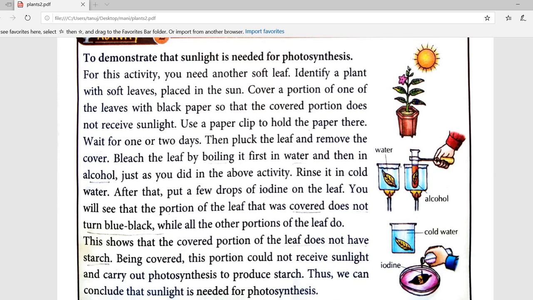So photosynthesis goes on in that leaf also. Plants like the croton plant are also able to make their food.